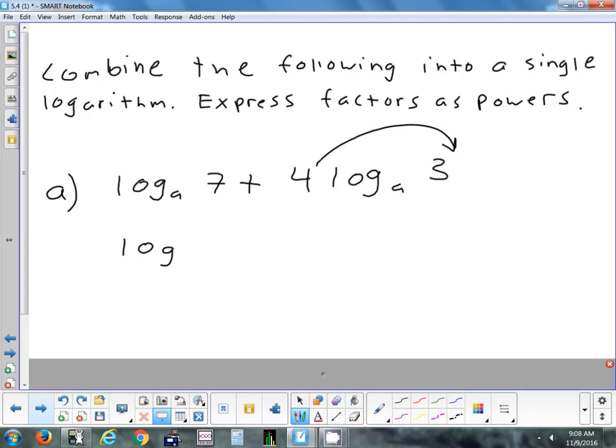So put the 4 back as an exponent. And now you have the log of a sum. So what would you have had to have originally if something split as a sum? Multiplication. Would have had to have been 7 times 3 to the 4th.